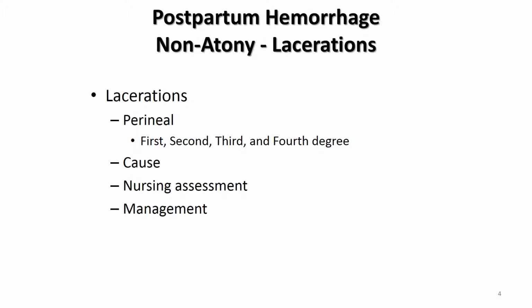Often caused through birth trauma of vacuum or forceps, those types of things. We also see it in a precipitous birth, which is also a fast birth. We often see it in a first-time mom, and it can be seen with the delivery of large babies.